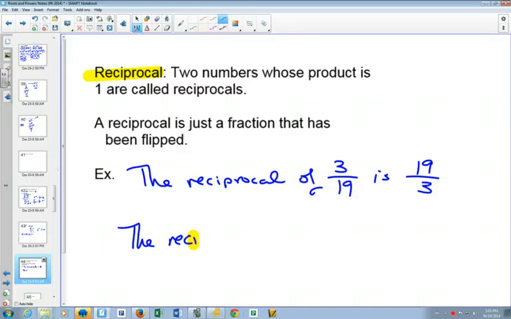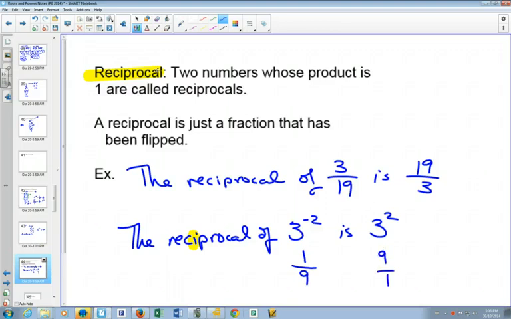The reciprocal of 3 to the negative 2 is 3 squared. Because 3 to the negative 2 is 1 over 9, and 3 squared is 9 over 1.